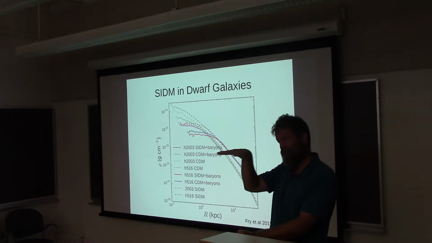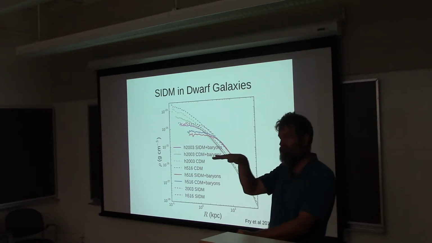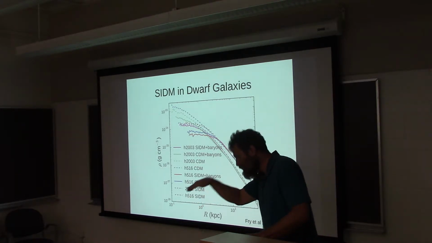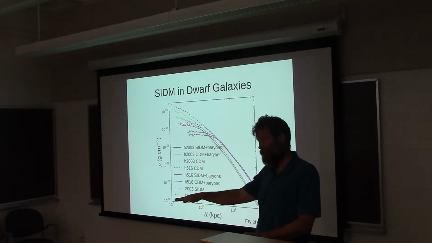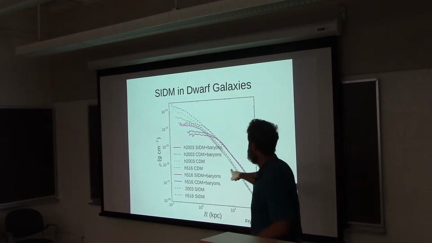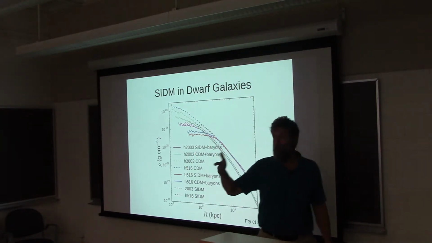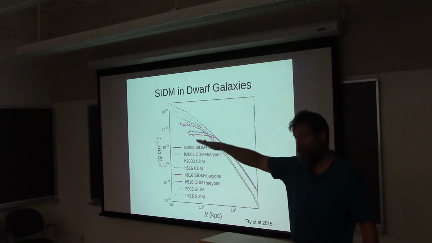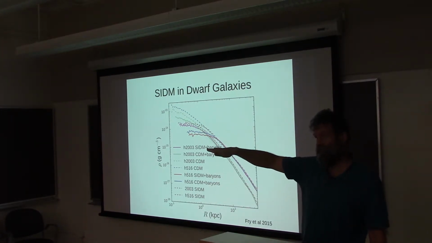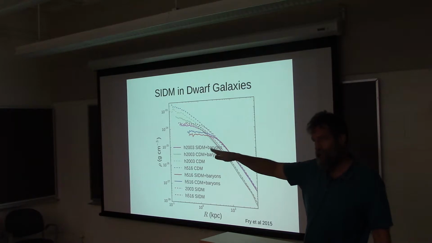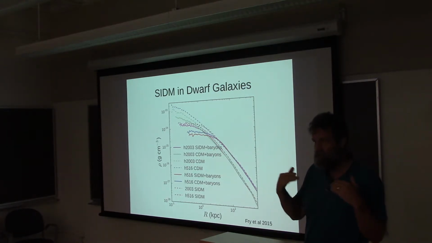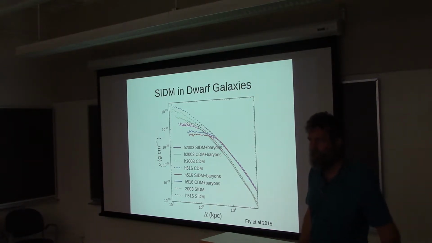If you make that velocity dispersion flat, sorry, I'm doing it the wrong way. The velocity dispersion is actually going down as you go towards the center in this kind of halo. The interactions will now make that velocity dispersion flat, therefore raising the central velocity dispersion and thereby flattening the cusp.